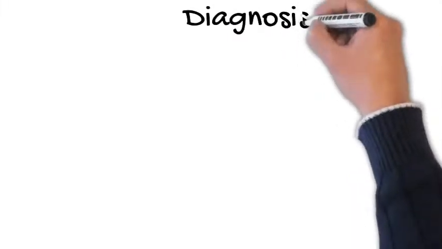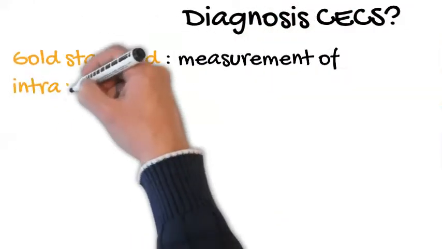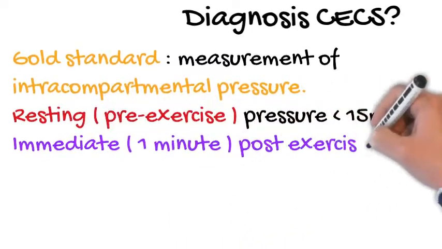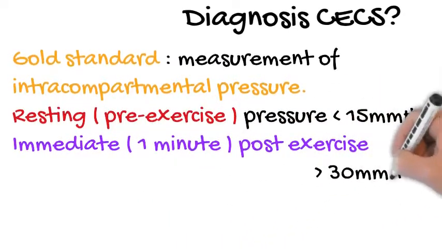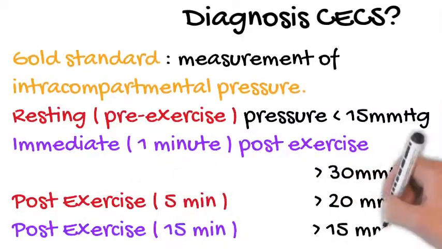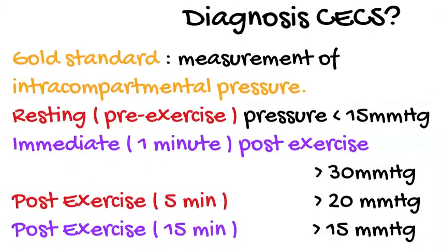So, how do you diagnose chronic exertional compartment syndrome? The gold standard is the measurement of the intracompartmental pressure. The resting pre-exercise pressure is usually less than 15 mmHg because the normal pressure is around 5 to 15 mmHg. Immediately 1 minute post-exercise shows more than 30 mmHg.